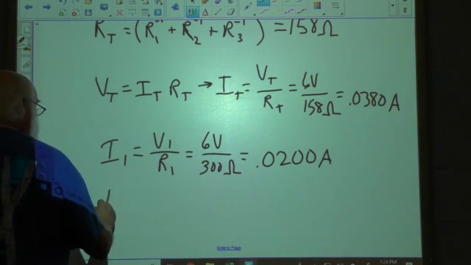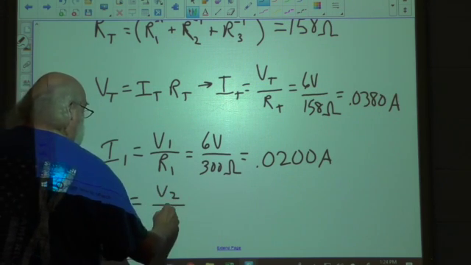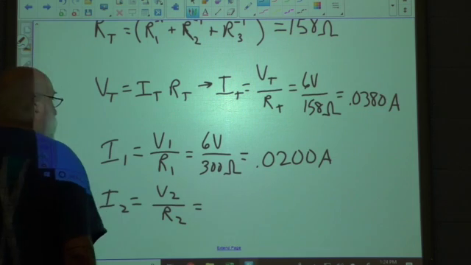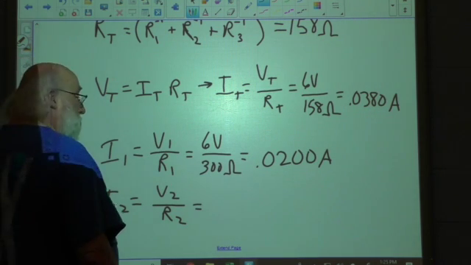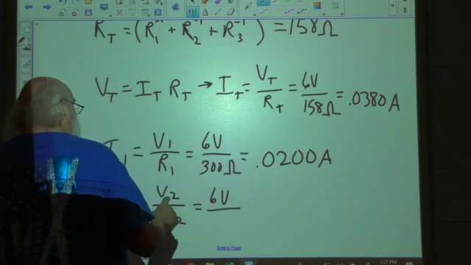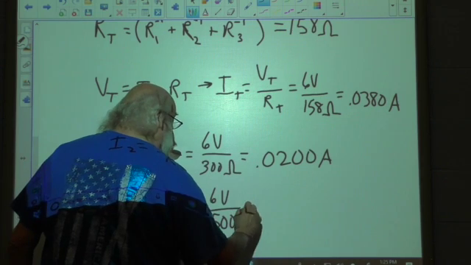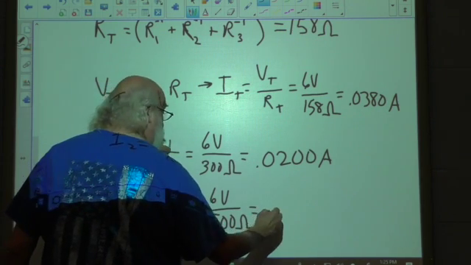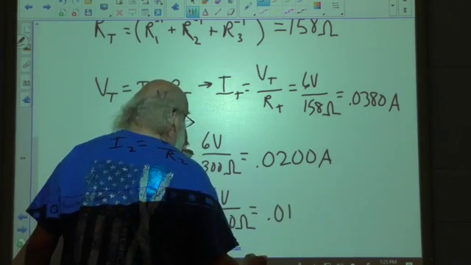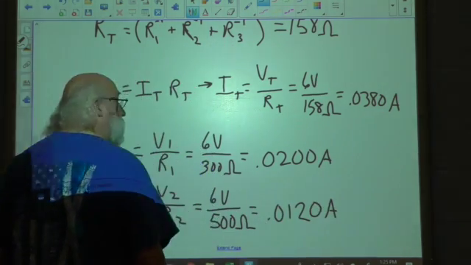So, I2 is equal to V2 over R2. V2 is still 6 volts. And now this is going to be 500 ohms for the second resistor. And that's going to equal 0.0120 amps.